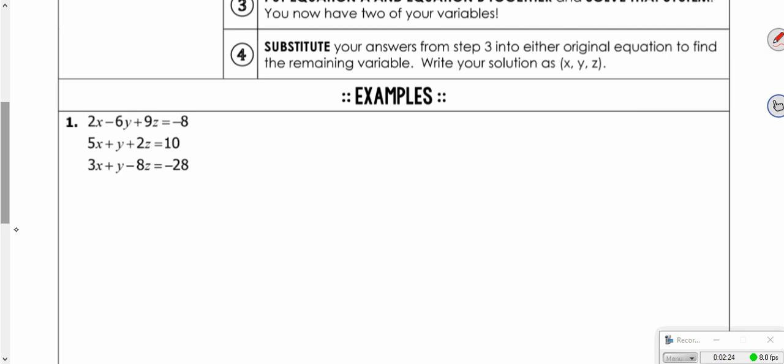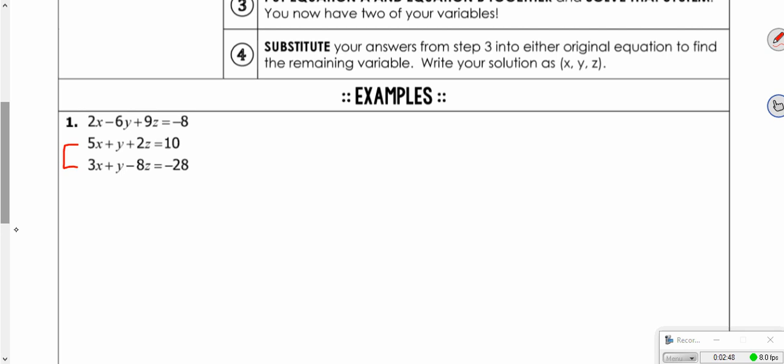Yeah, the single y. Definitely look at the coefficients on your variables, and if some of them are multiples of the other, that's an easy one. But obviously, if they don't have any coefficients in front of them, those are the ones I'm picking because that's going to be the easiest. Okay, so I'm definitely going to start off with these 2 equations right here.